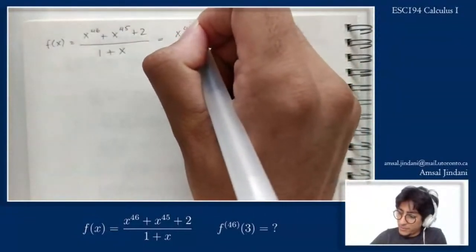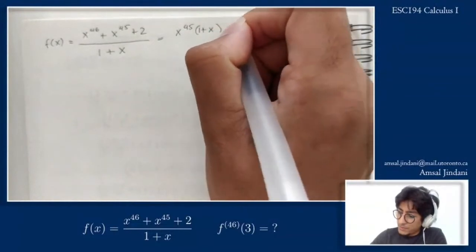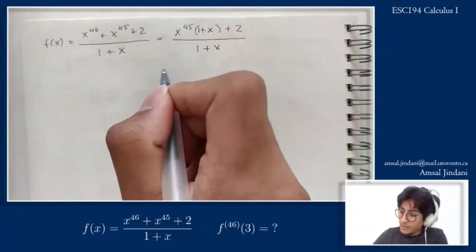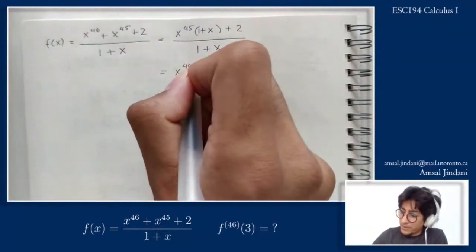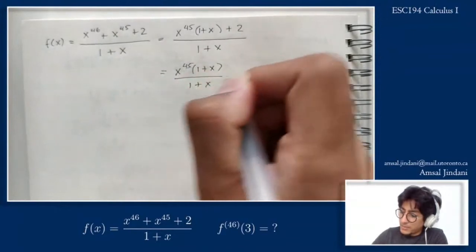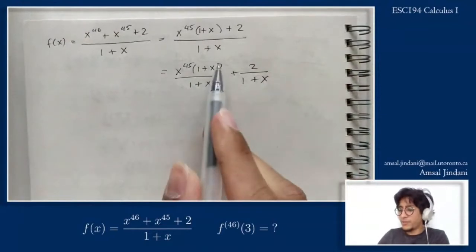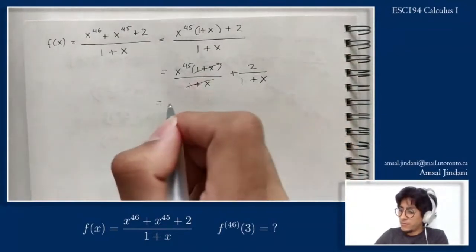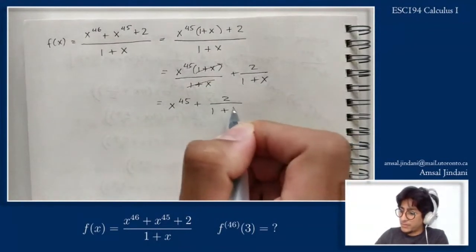So you have x to the power 45 times (1 plus x), plus 2, divided by 1 plus x, and break that into two fractions. So we have x to the power 45 times (1 plus x), divided by 1 plus x, plus 2 over 1 plus x. Now if you notice this 1 plus x and that 1 plus x can just cancel out. So I get x to the power 45 plus 2 over 1 plus x.